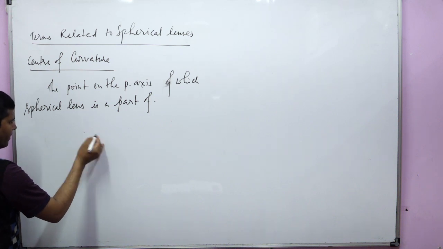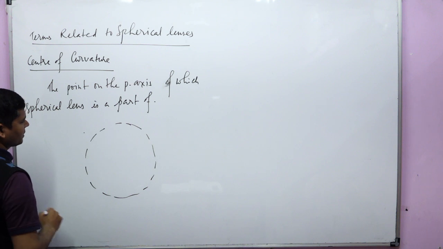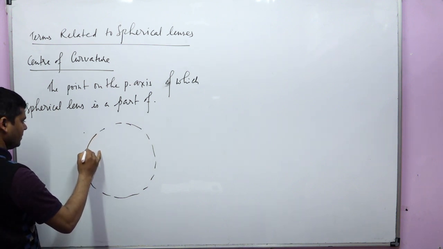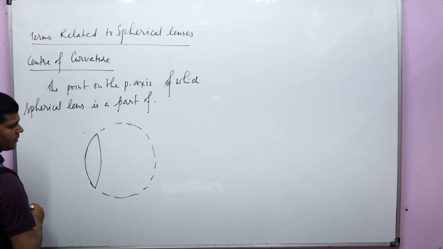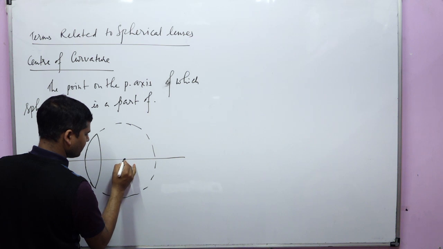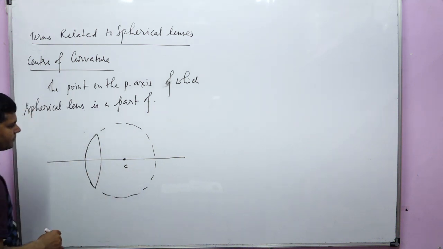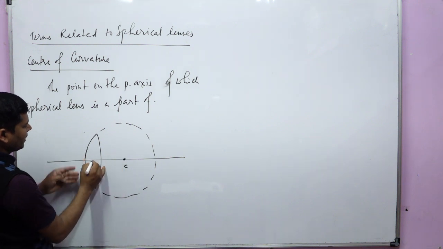If I say, let me show, this one is a sphere, and let us say this portion is a spherical lens, a convex lens, and let us say this point is the center. So for this face, this is the center, and let us ignore this distance.